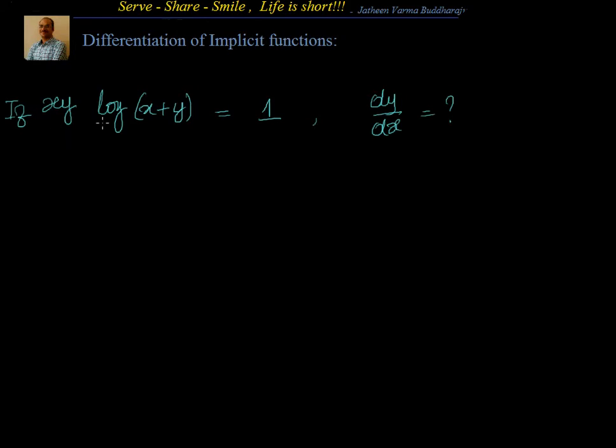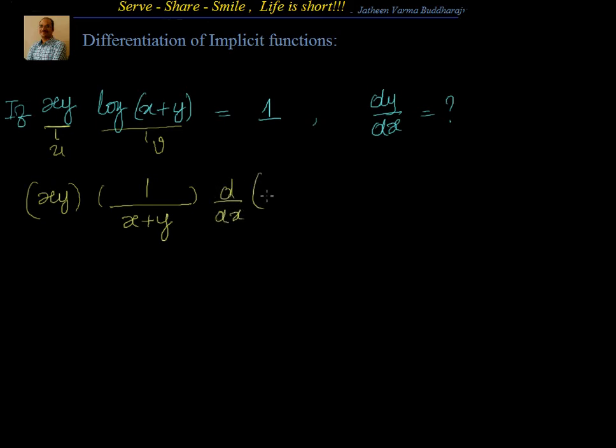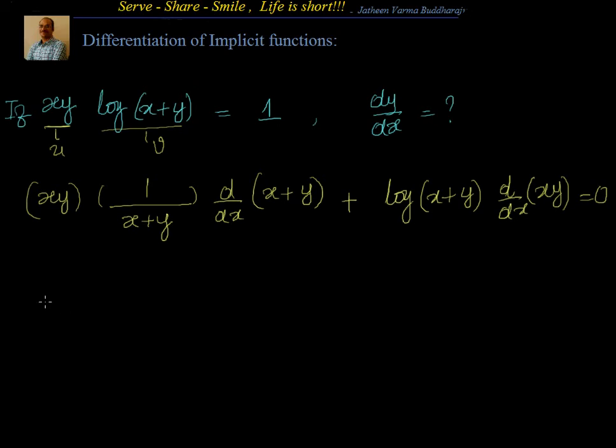Let's go ahead and try to differentiate this. For that I will take it in the form of u and v, taking u as xy and v as log of x plus y. So I will have u into v dash, that is xy multiplied with v dash. v dash is the derivative of log of x plus y, that is 1 by x plus y, then d by dx of x plus y, plus log of x plus y multiplied with the derivative of xy, which is equal to 0.